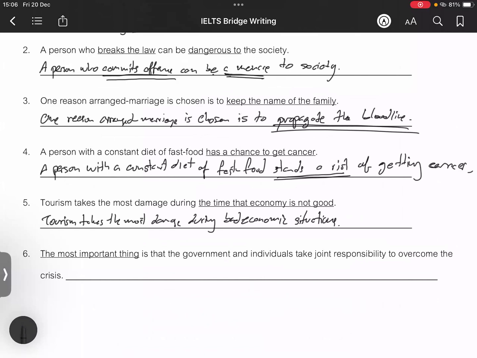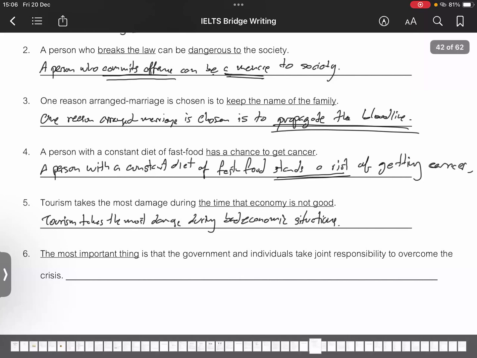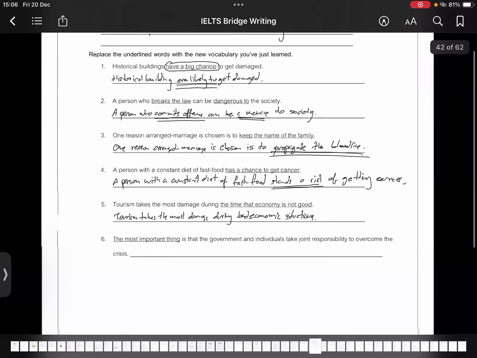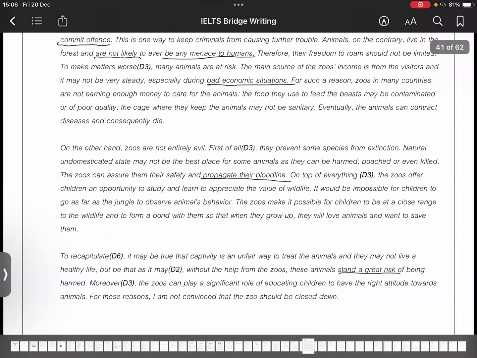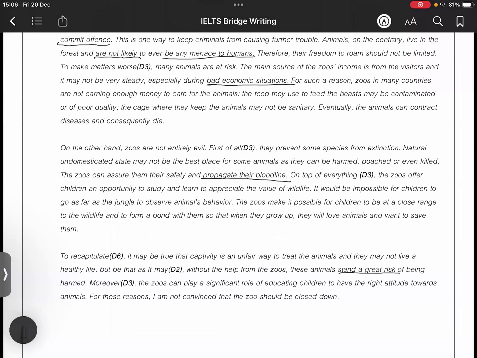Okay, last one. The most important thing is that the government and individuals take joint responsibility to overcome the crisis. So, which expression do you think is equivalent to the most important thing? So you can say on top of everything here, right?